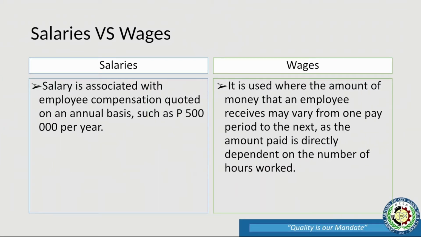While wages are used where the amount of money an employee receives may vary from one pay period to the next, as the amount of pay is directly dependent on the number of hours worked.